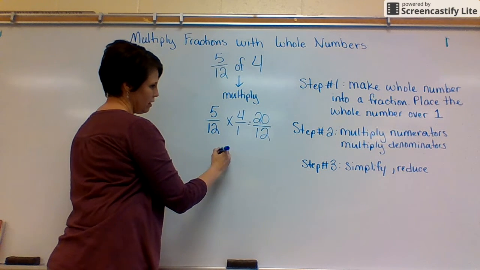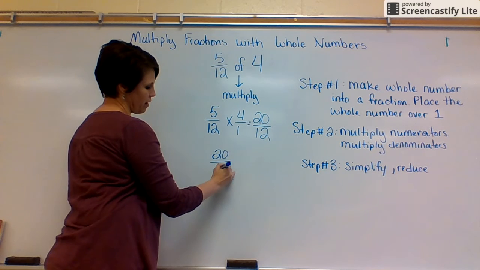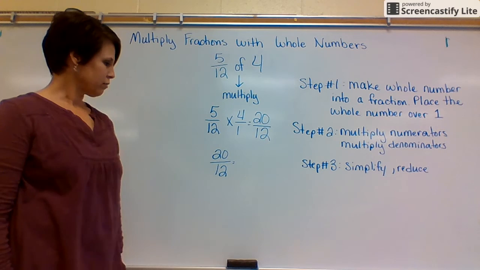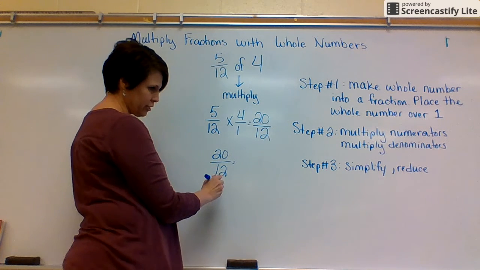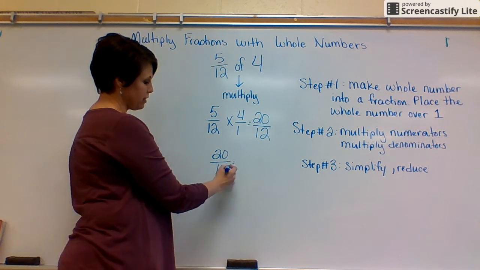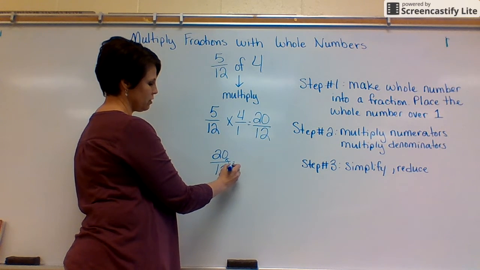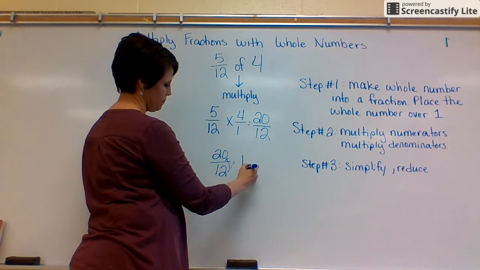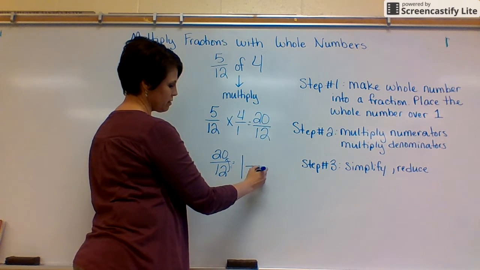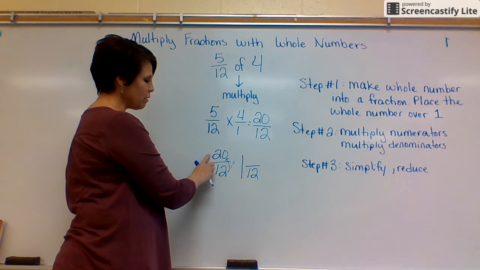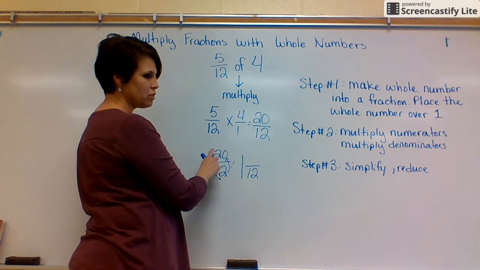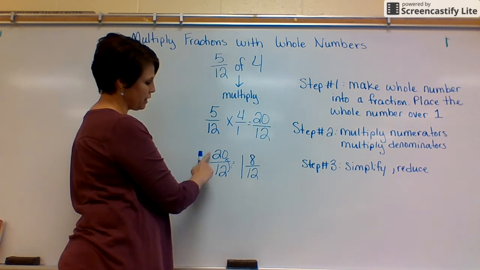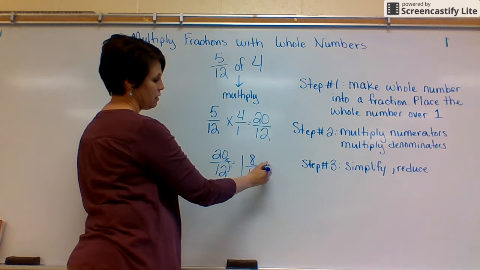Step number 3, we must see if we can simplify or reduce our answer. 20 over 12. Well, we have an improper fraction, so we have to divide the denominator into the numerator. 12 will go into 20 one time. We keep our denominator the same, and we see how many are left over. If 12 goes into 20 one time, then we have 8 left over, because 20 minus 12 is 8.